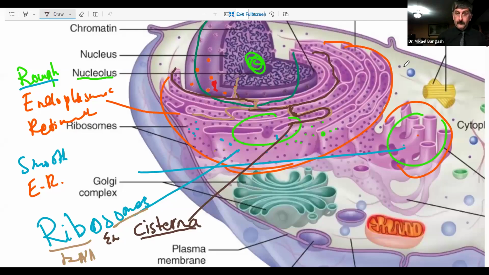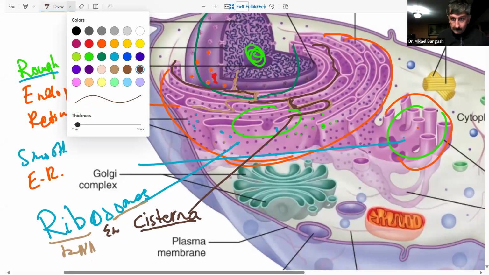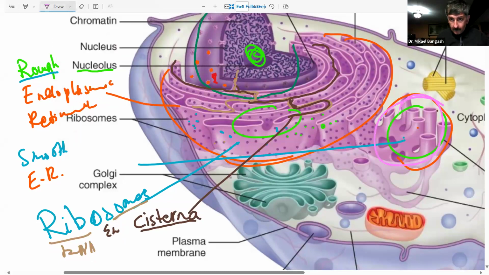So guys, we just look at our cell here from the book. We said this here is still your endoplasmic reticulum, but it doesn't have ribosomes. It's smooth.